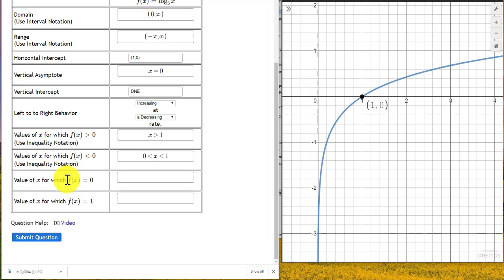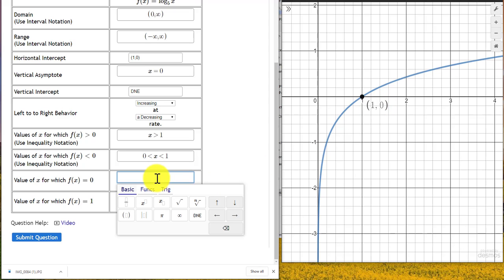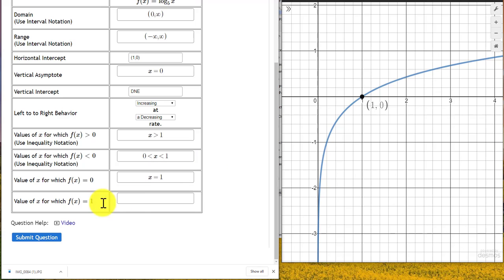Okay, now this says f of x has to equal 0, or y has to equal 0. Well, hey, right here, this is my horizontal intercept point, y equals 0. So that only happens when x equals 1. And then lastly, f of x has to equal 1.